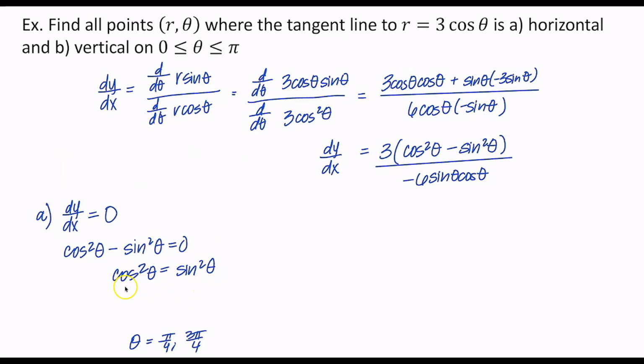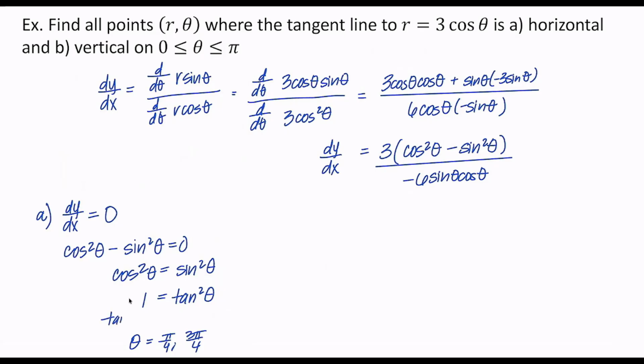Now, if you couldn't just look at this and determine these angles, we could also divide both sides by cosine squared θ. The left side would be 1, and the right side, sine divided by cosine, is tangent. So I would get tangent squared θ. Basically this would turn into two separate equations. If I take the square root of both sides, I'll get plus or minus.